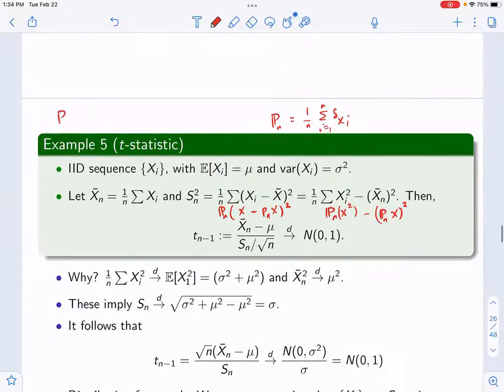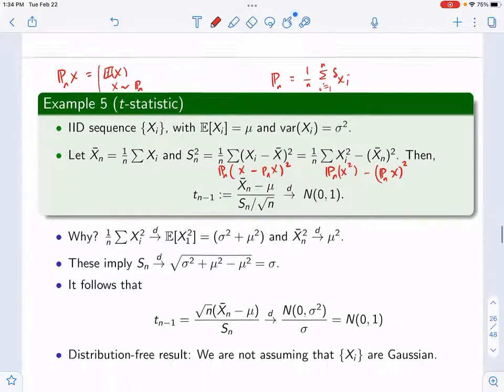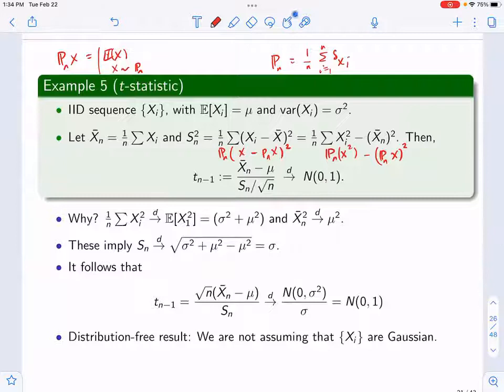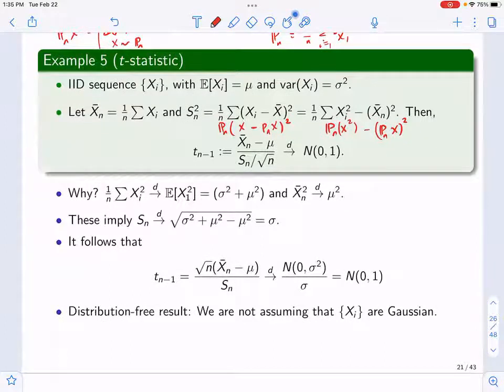So Pnx just means the expectation of x, assuming that x is distributed like Pn. Pn is a measure, so the expectation with respect to it has all the properties. This is the formula for the variance, basically. The two different formulas for the variance. In any case, this is Sn.